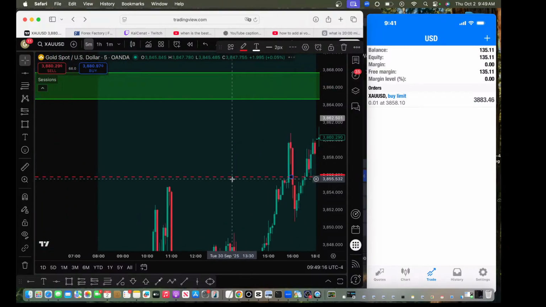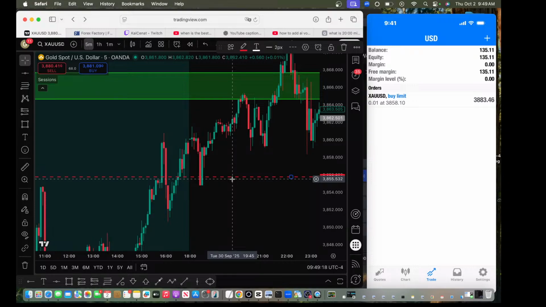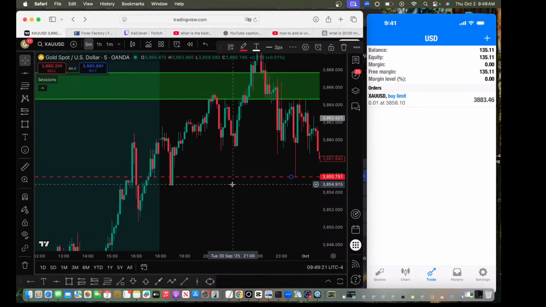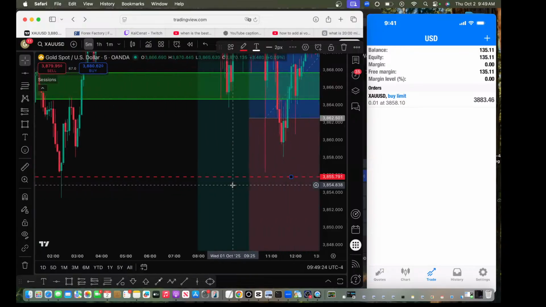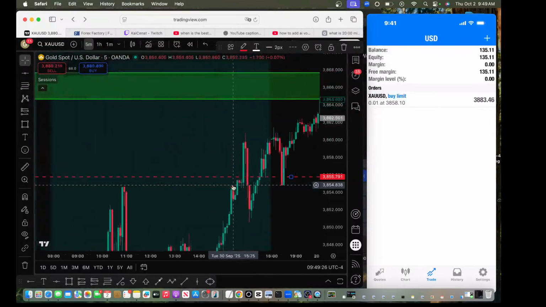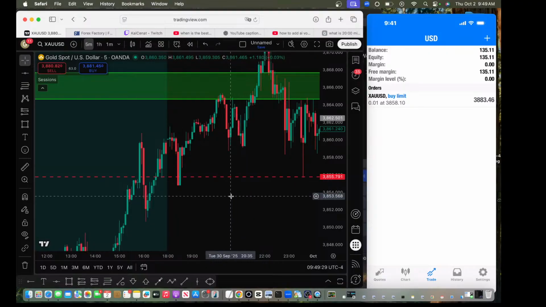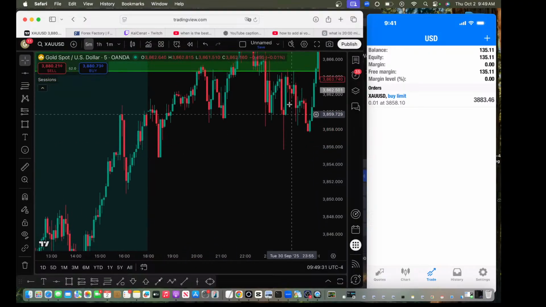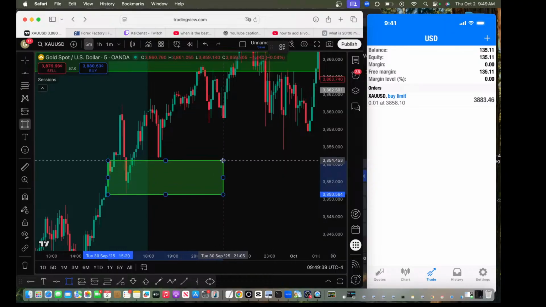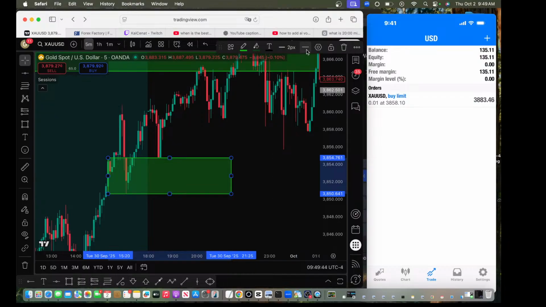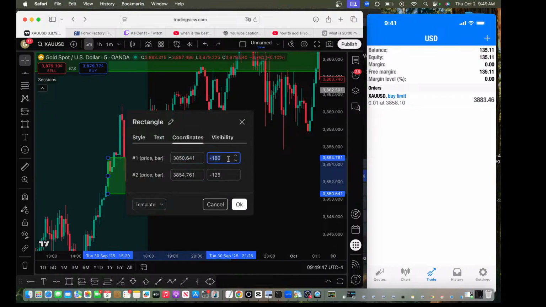Or hold on, let me see if I could get a better setup. I could use this one. Yeah, I'll go ahead and use that one. So we'll go ahead and do this one. These are potential areas that price can go down to before reversing.